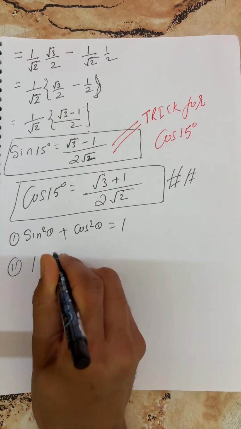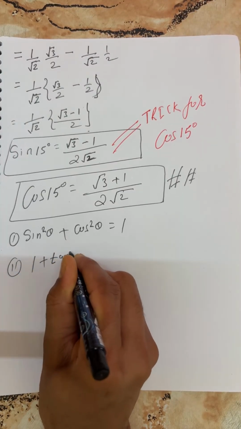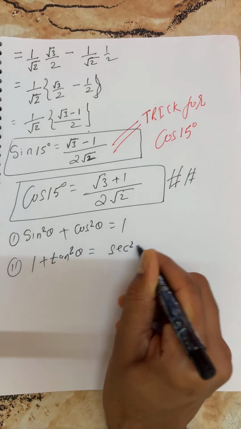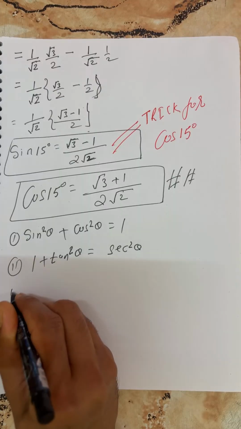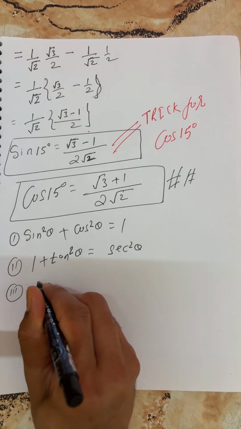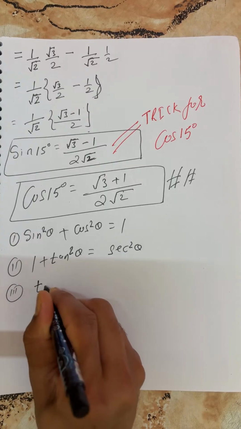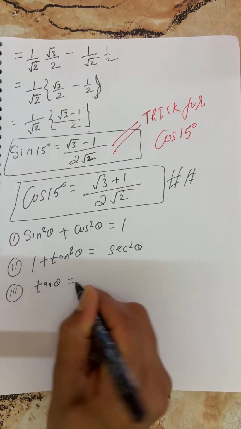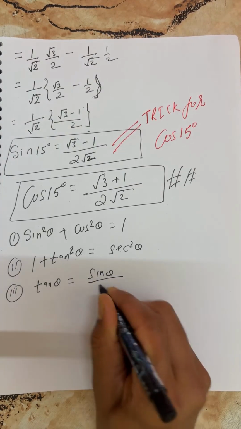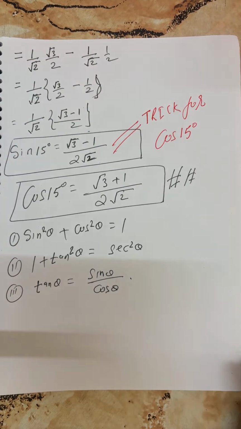Next, beta, 1 plus tan square theta is equal to sec square theta. Then tan theta is equal to sin theta by cos theta.